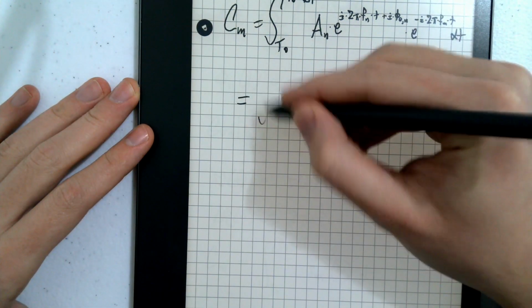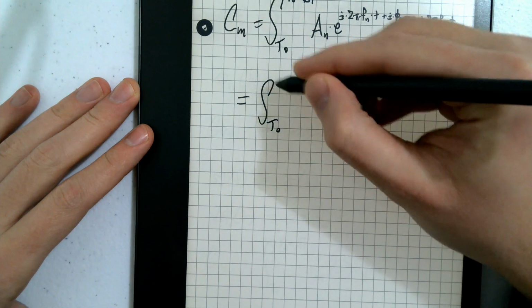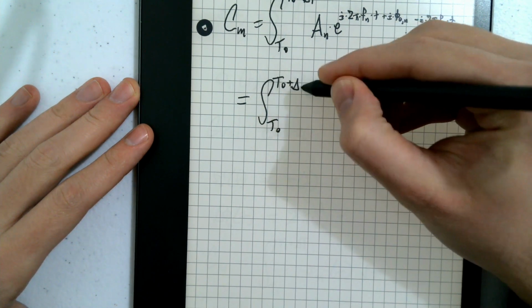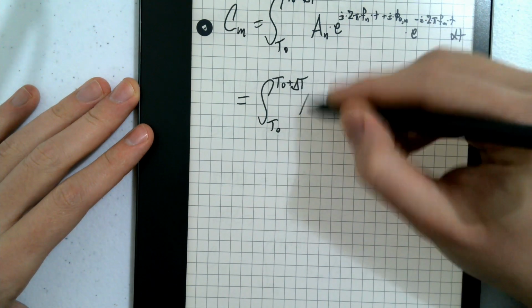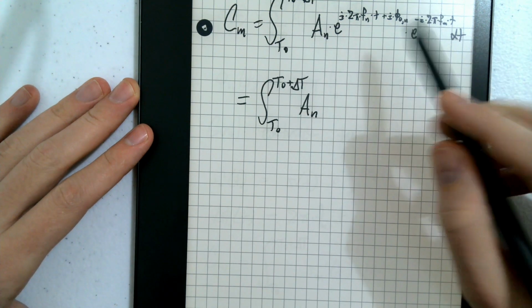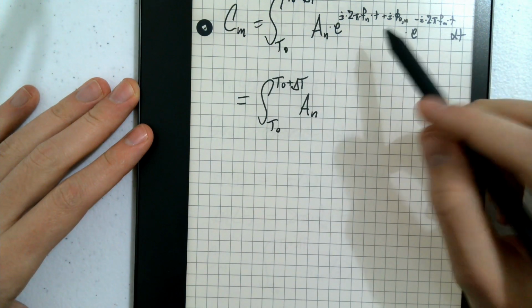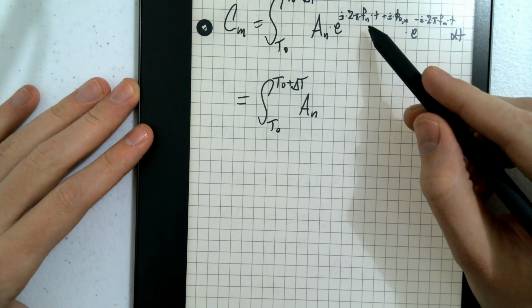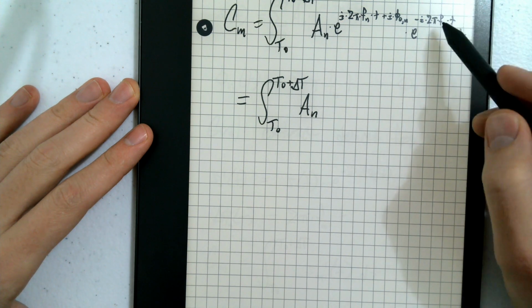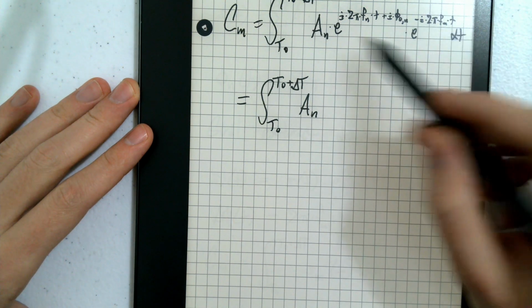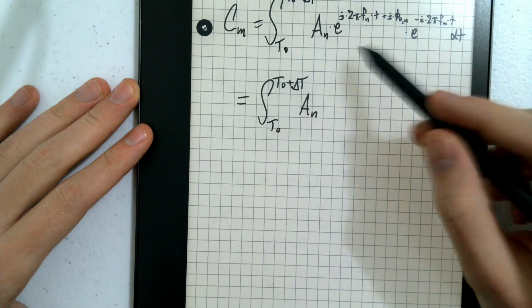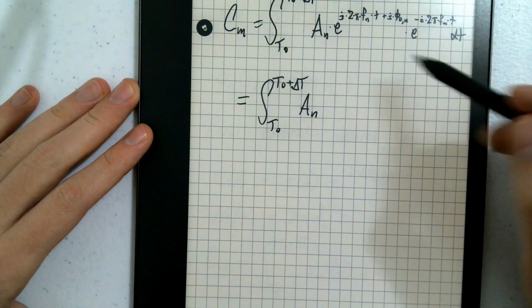And that's equal to the integral t0 to t0 plus delta big T of a sub n. Whenever f sub n is not equal to f sub m, these terms will have some oscillation to them.